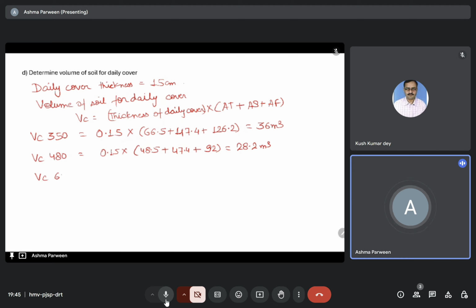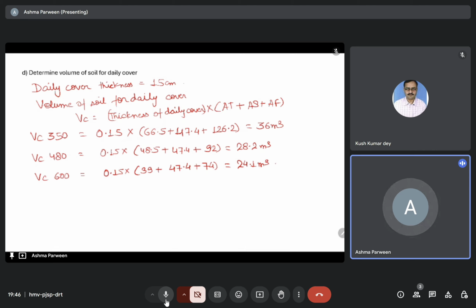And for 600 kg per meter cube of the compacted density, it's coming out to be 24.1 meter cube.